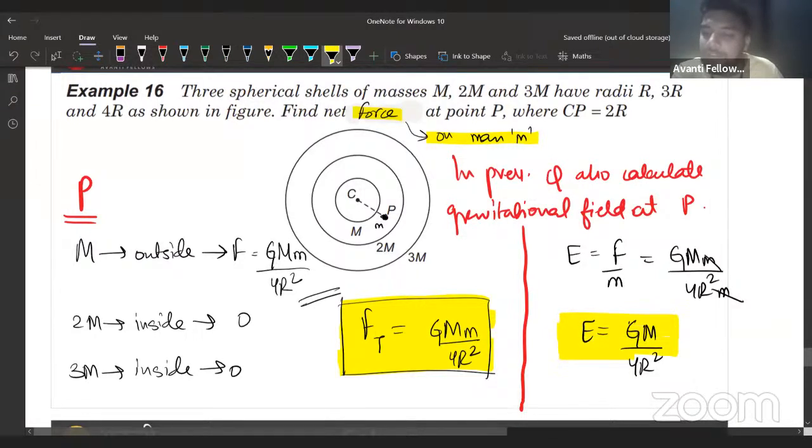In the next classes we are going to discuss more. We discussed force and gravitational field. Now in the next class, we are going to discuss potential and the relation between potential and gravitational field.